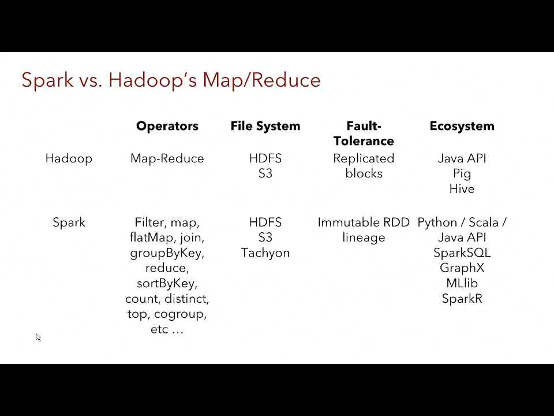So if we look at Spark versus Hadoop's MapReduce, obviously the main programming construct in MapReduce is the MapReduce paradigm. And for doing data manipulation, people have become very, very clever, such as those that created Pig, creating all these awesome data flow constructs on top of MapReduce, hiding that from you.